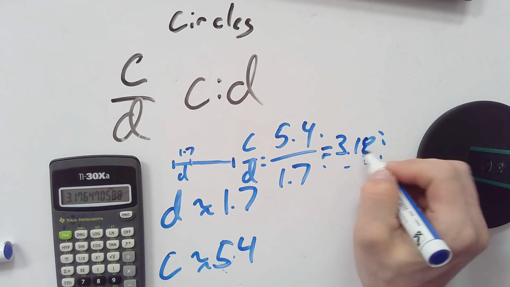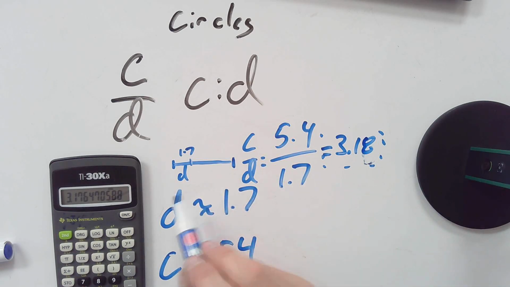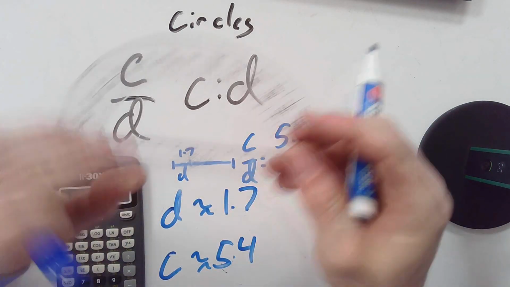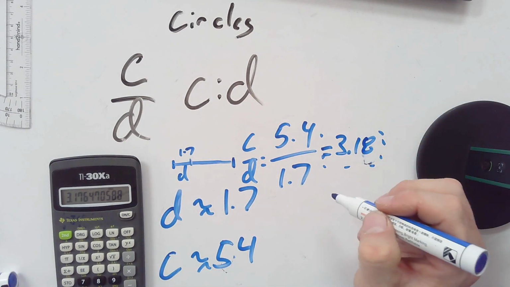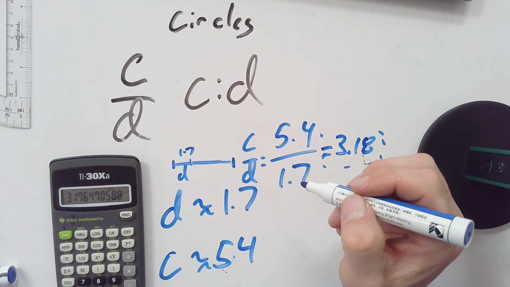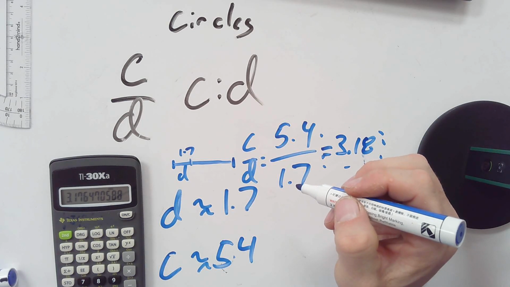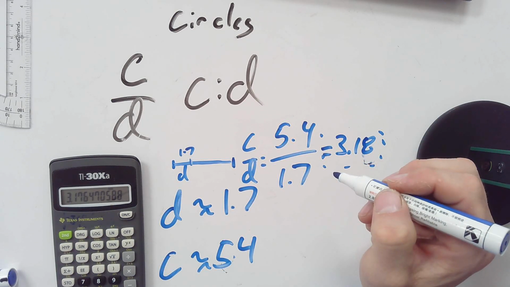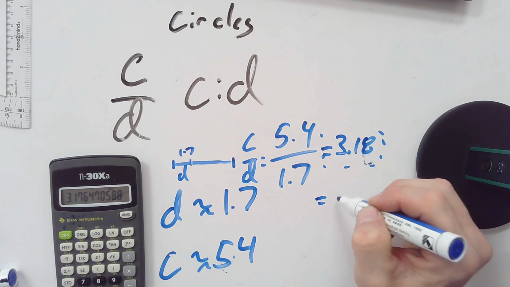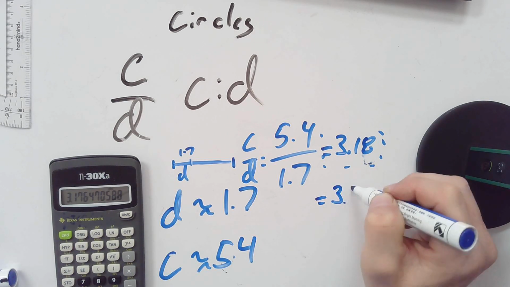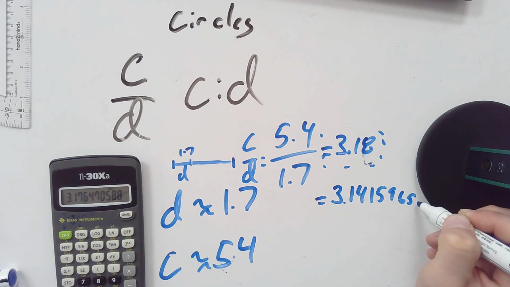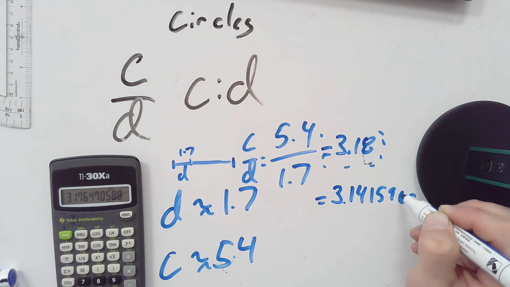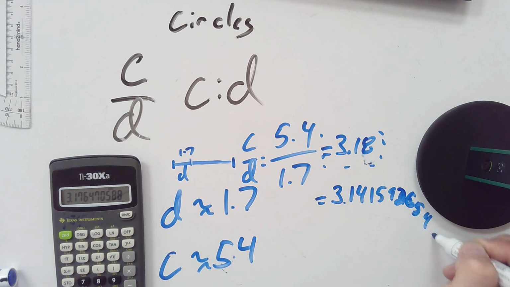That's measuring it with some pretty rudimentary methods, right? But if I were to get a really precise measurement, like maybe with some calipers, I would have gotten about 3.141592654, and it would continue on for infinity.